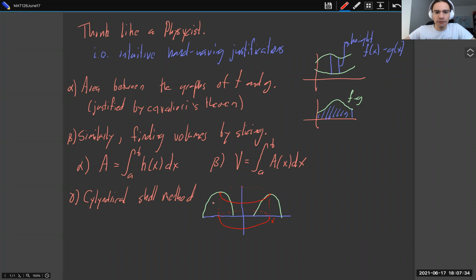Overall, this is known as a cylindrical shell, what's pictured. And the area of a cylindrical shell, A of x, was given as, does anyone remember? Let's say our function is f.